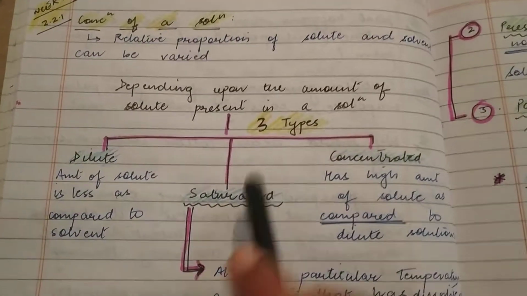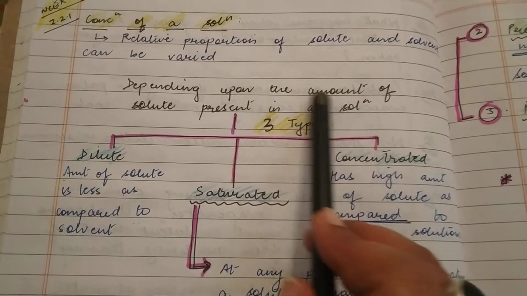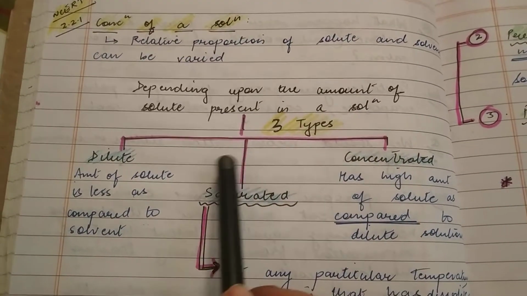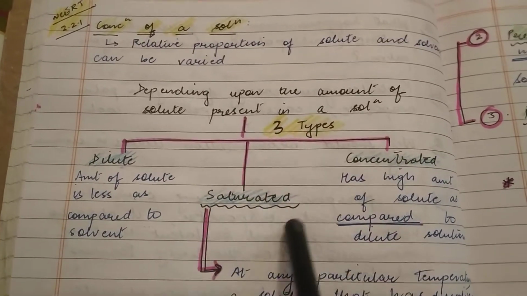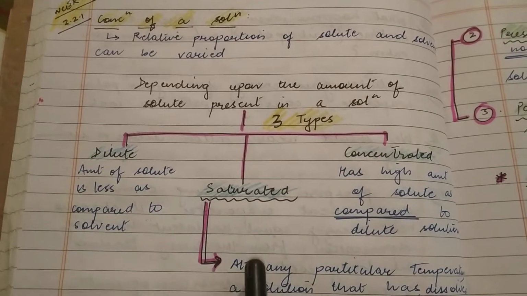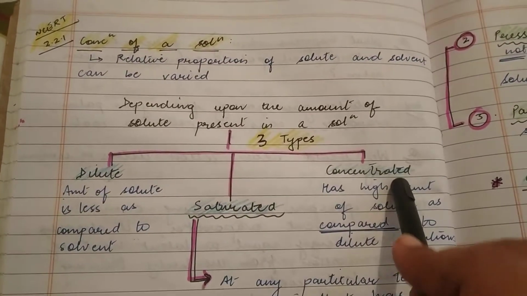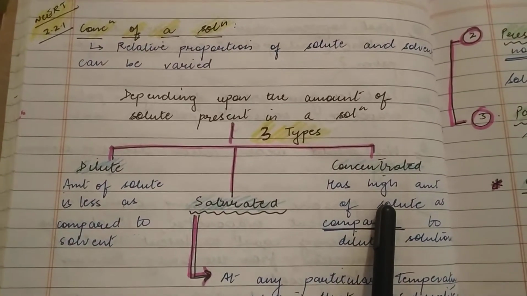Now depending upon the amount of solute that is present in a solution, the solutions are of broadly three types. That is dilute, concentrated, and a third type is a slightly different type, and we are going to study the variants later on. Now dilute and concentrated are the two terms that I am going to talk about right now. Dilute and concentrated are relative terms.